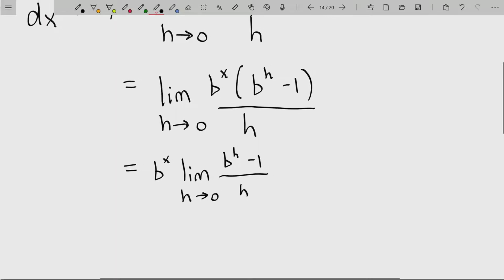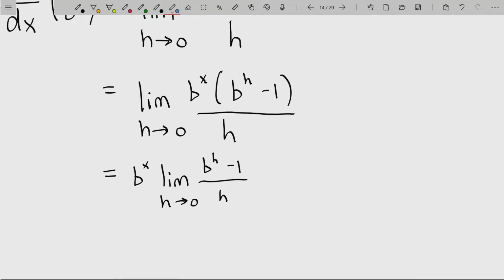Now I'm going to use a little fact that if you have b to the h, that's the same thing as e to the natural log of b to the h power. That's as long as the base is positive, by the way. So e to the natural log of b to the h power, those are the same thing. You should know that because e and natural log are inverses of each other.